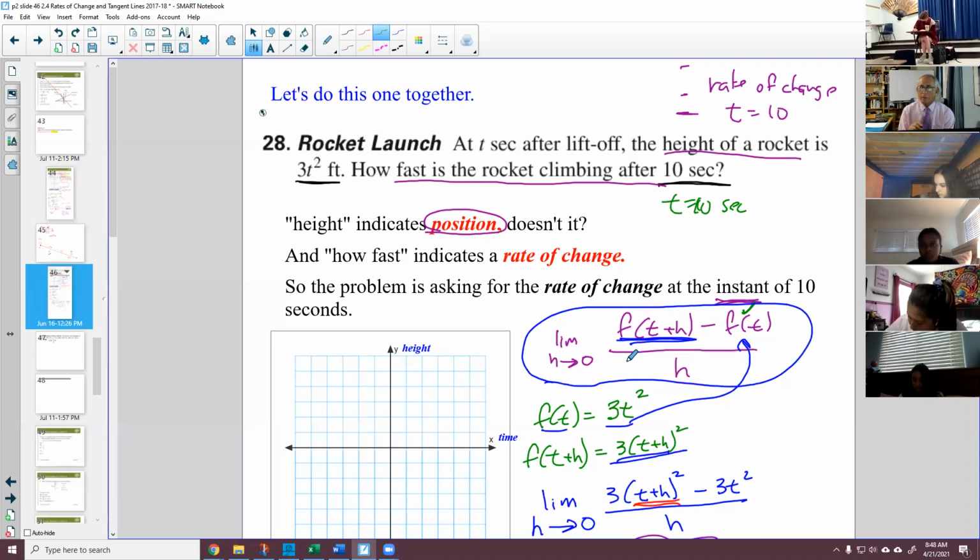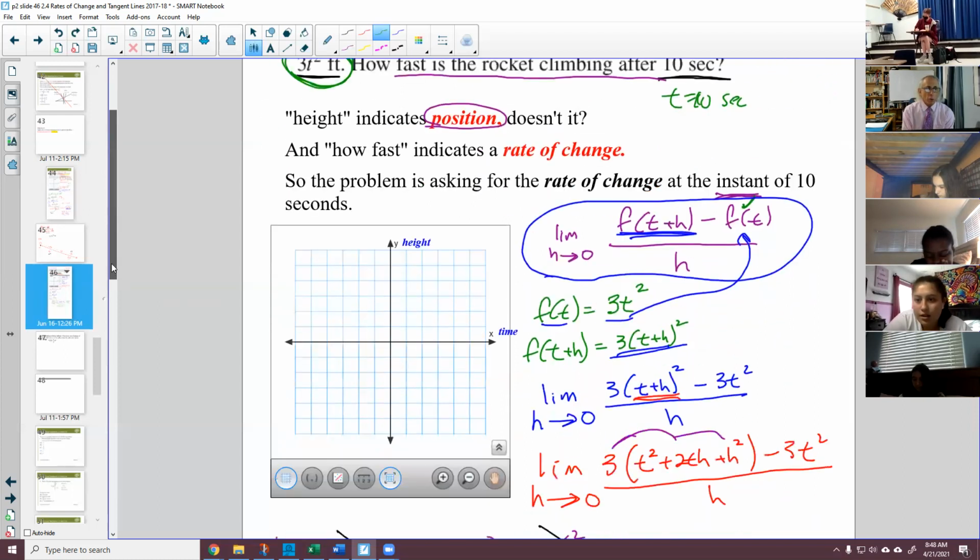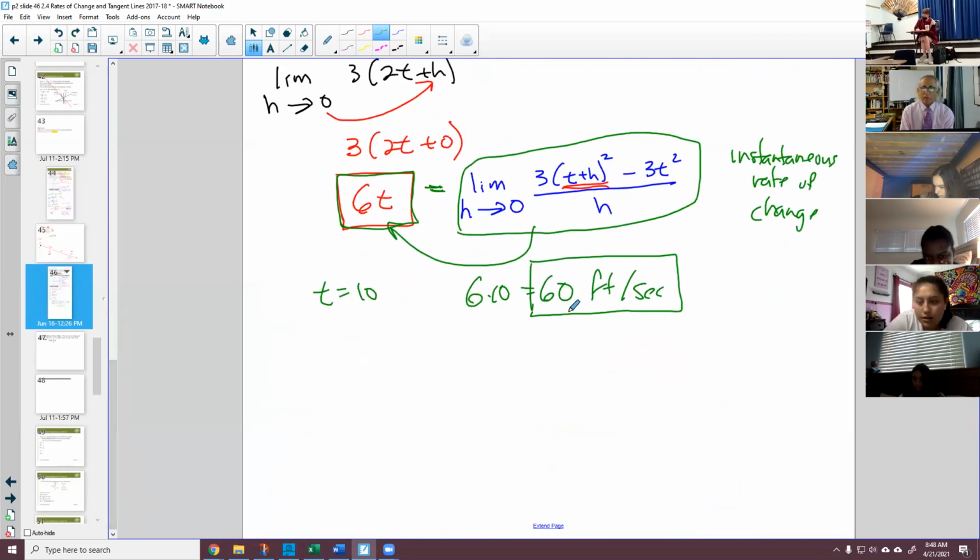You plug 10 into 3t squared. There you go. This is my position function, right? So if I want to know how high the rocket is after 10 seconds, I don't need to go down here where Brooklyn took us, that it's going 60 feet per second. That's how fast it's going after 10 seconds.